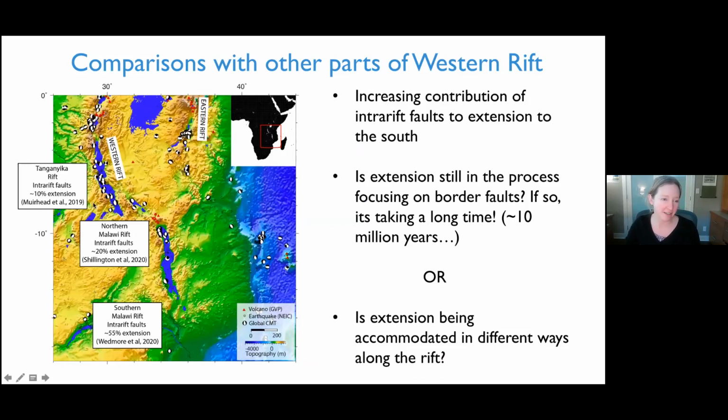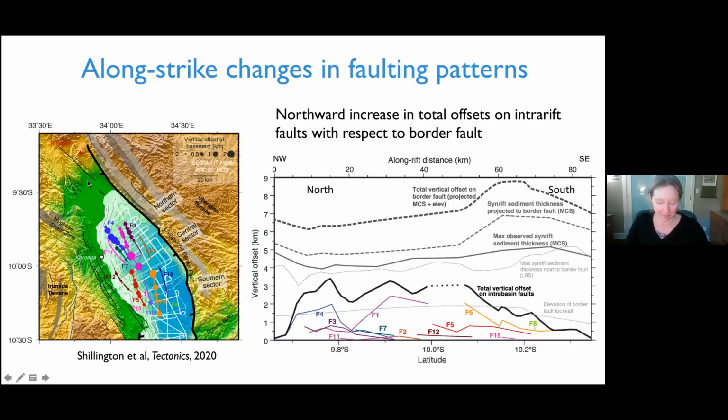And it's interesting to compare along the rift and see that the amount of extension that we estimate these intra-rift faults are accommodating in Malawi is less than what's observed farther north in the Tanganyika Rift, but more than what's observed in southern Malawi. And so I offer a couple of possible explanations for this, but of course that's going to await further work. And then to come to my second question, which was along-strike changes in faulting pattern.